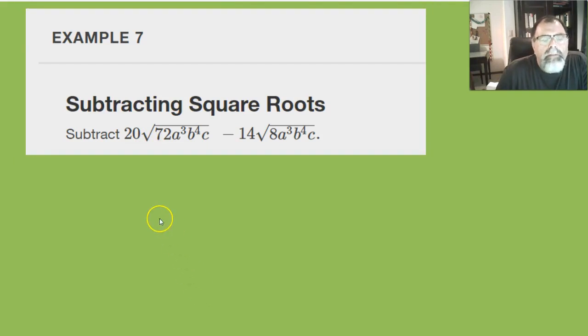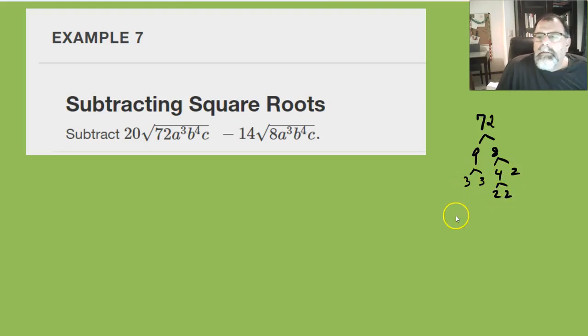All right. So again, we're going to simplify each of these. So 72, let's just look at the 72 for a moment. 9 times 8. 8 is 3 times 3. 4 times 2. 2 times 2. So you can see for square root of 72, I'm going to get a 2 come out, 3 come out, and a 2 gets left inside.